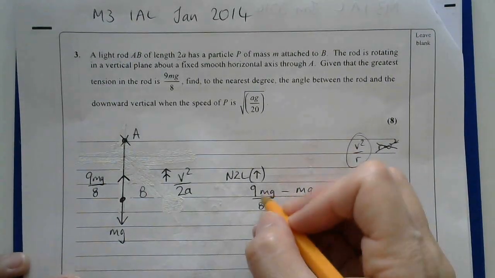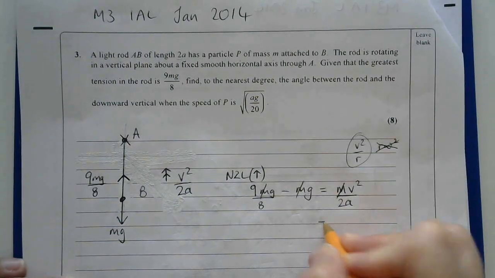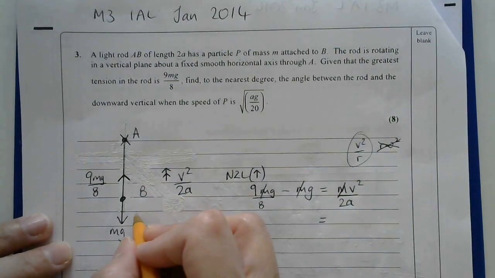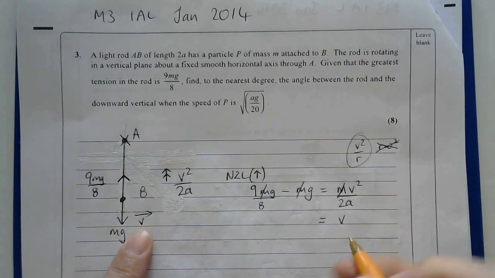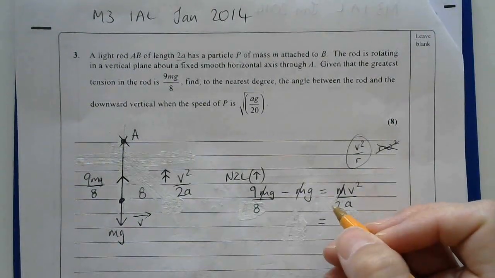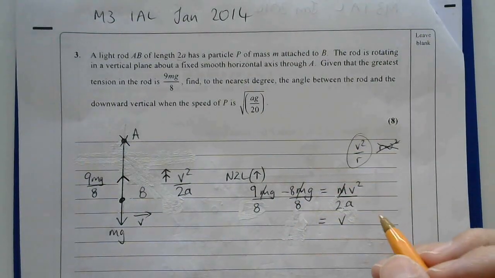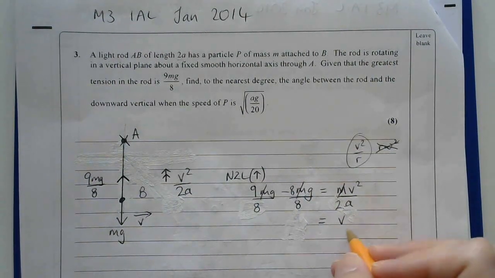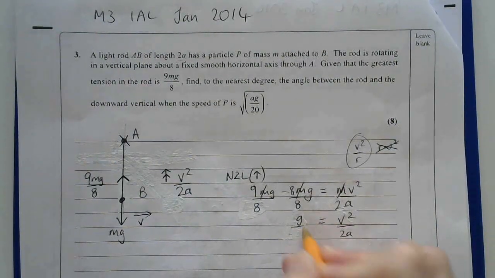Tidying this up, I can see that I have m everywhere. So I can cancel m, I divide through by m, and I would quite like to know what this velocity is at this point. So let's work out this velocity. I will have 9g/8 minus, well, actually 8g/8. So I will end up with v²/2a on one side, and g/8 on the other.